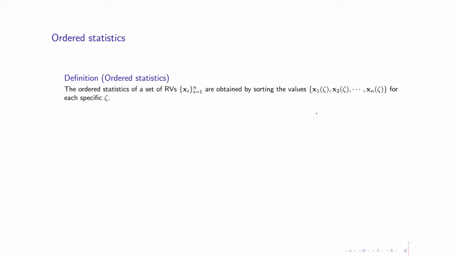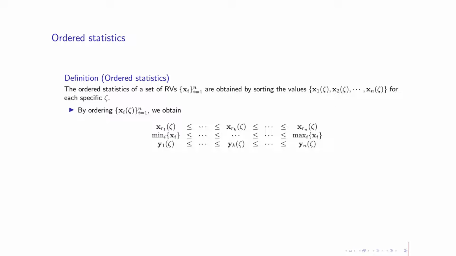So, order statistics. The definition is that if you have a set of random variables, say x1 to xn, and then you sort them, you don't know which one is going to be the largest, which is going to be the smallest, and so on. We may denote y equal to sort of x, and then you lose information, because if you have x, you can find y, but if you know y, you don't know which one was the largest, which one was the smallest, and so on.